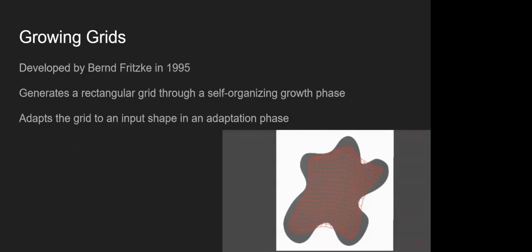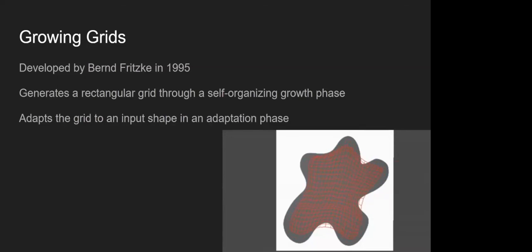In combination with wave function collapse, we use the algorithm called growing grids. It was developed by Bernd Fritzke in 1995. The algorithm generates a rectangular grid through a self-organizing growth phase. Through a series of steps, it either adds a row or a column, but makes sure that the grid is always rectangular.